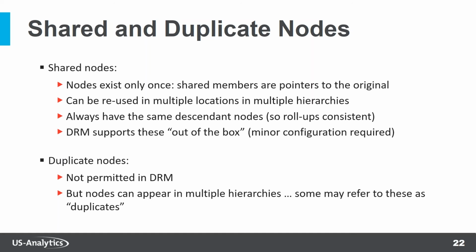If you try to put a member in a single hierarchy with different parents in multiple places, so if it's in the top part of your structure somewhere and it's down somewhere lower in some regional roll-up, then when you do the import process, if you set it up, DRM will mark that as a shared member, and it'll number them, shared 1, shared 2, shared 3, shared 4, however you want to nomenclate that.